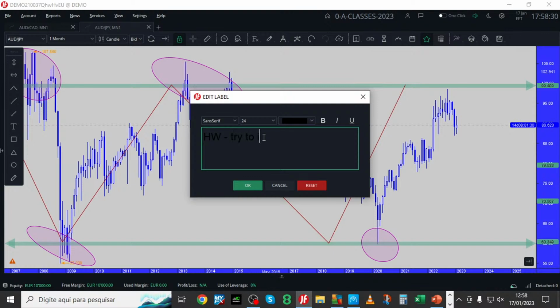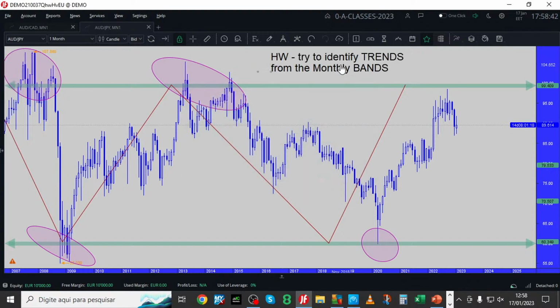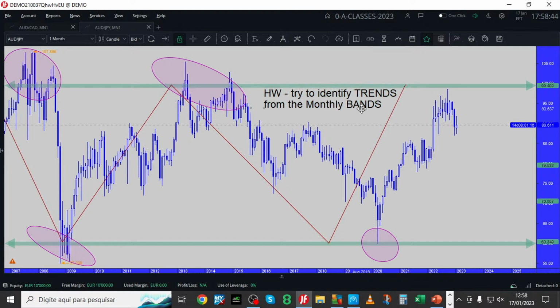Try to identify trends from the monthly bands. Just as an example, you can go on the AUDJPY monthly bands and connect low to high, high to low, low to high.